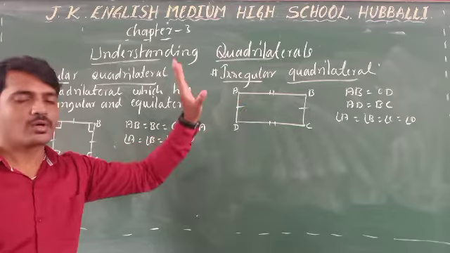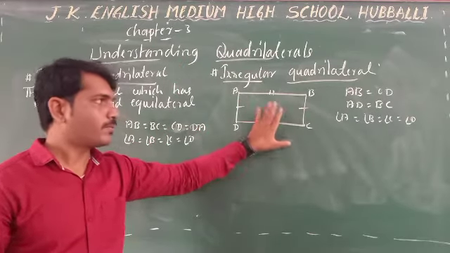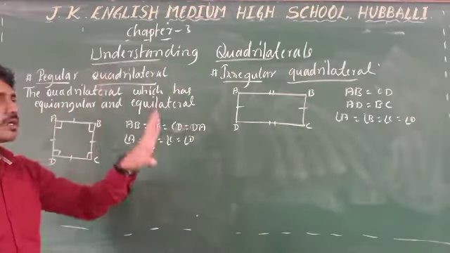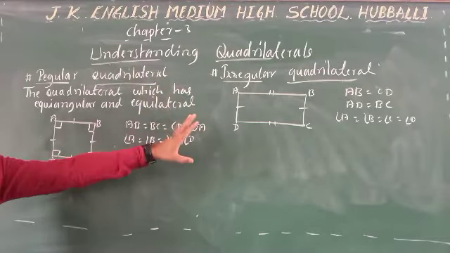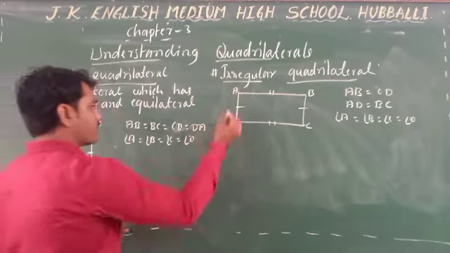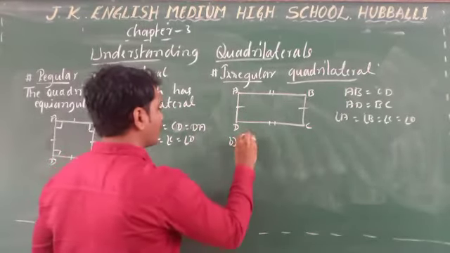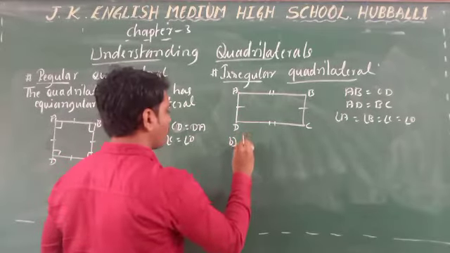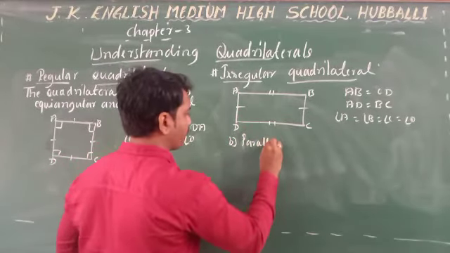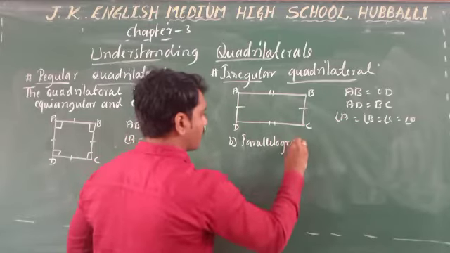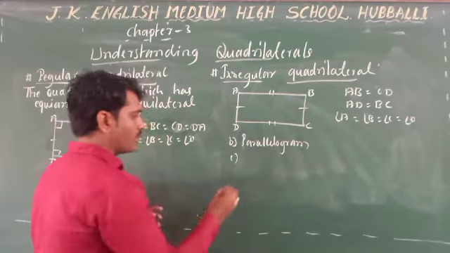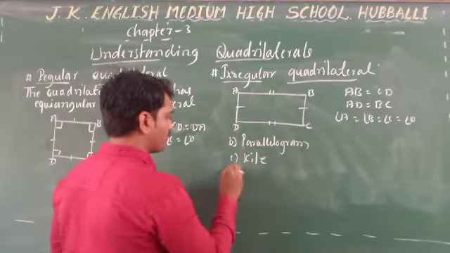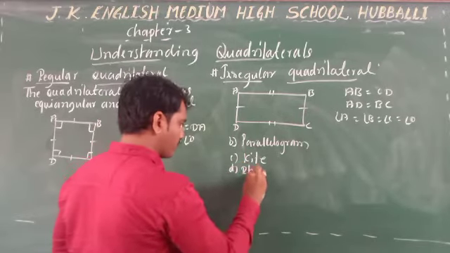This type of quadrilaterals are called irregular quadrilaterals. Here, square is there. B, what is that one more? Parallelogram will come. Correct? C, kite will come. D, rhombus will come.